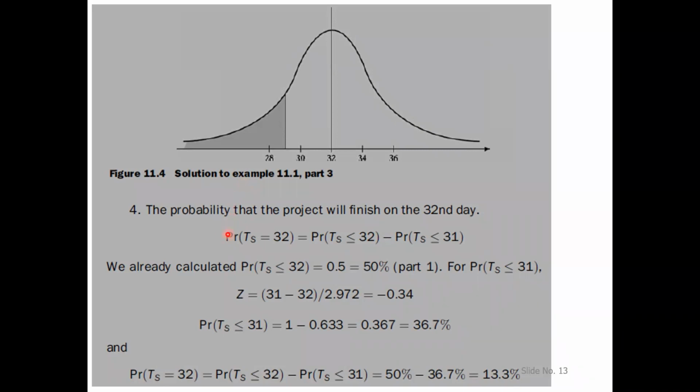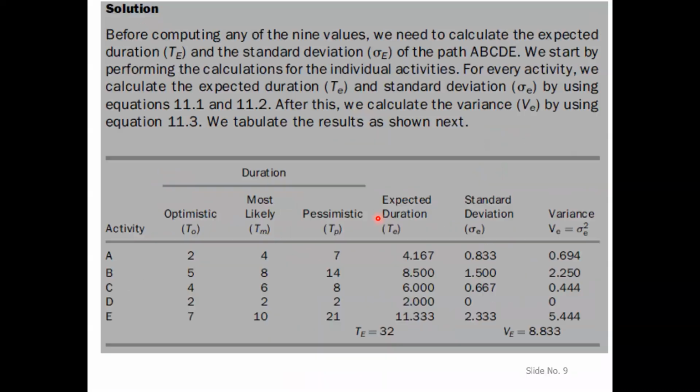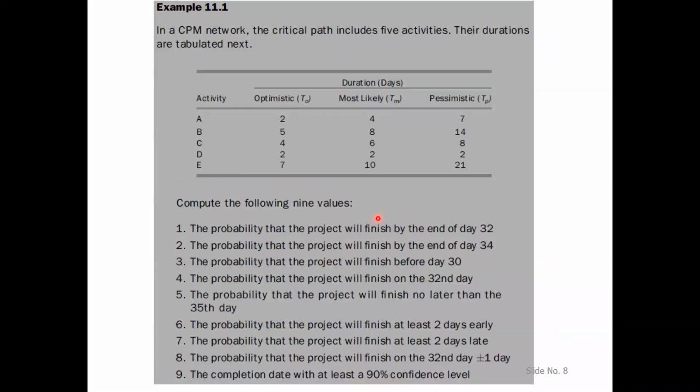The fourth question is the probability that the project will finish on the 32nd day. Again, I think we are playing with you by the words. This is the third variation of the words. Here you can see finish by the end of day 32, finish before day 32, and finish on the 32nd day.